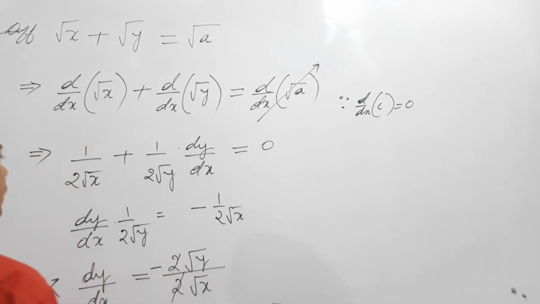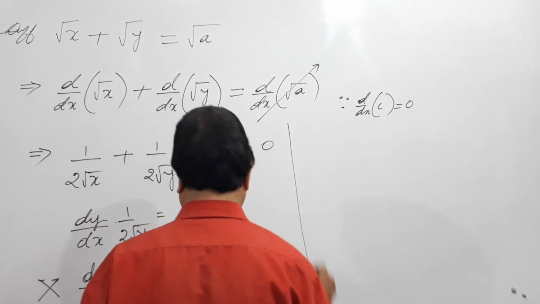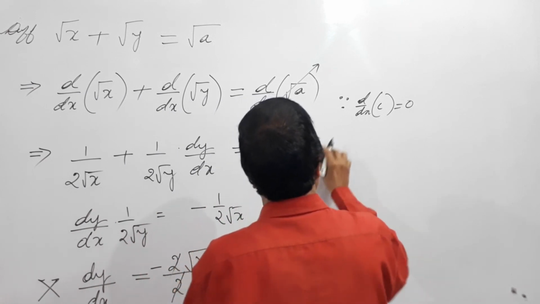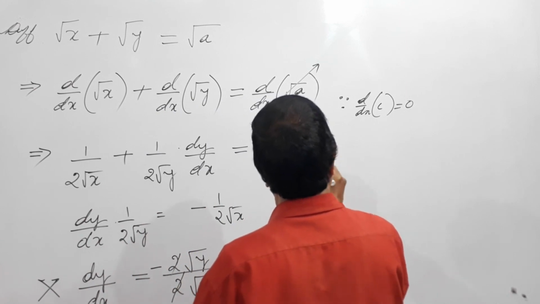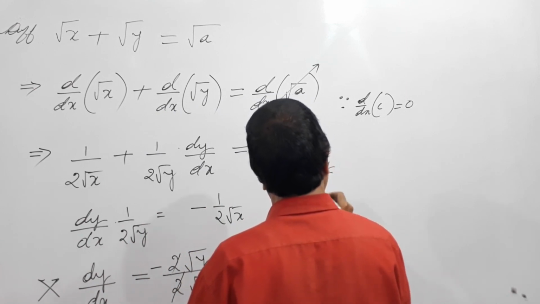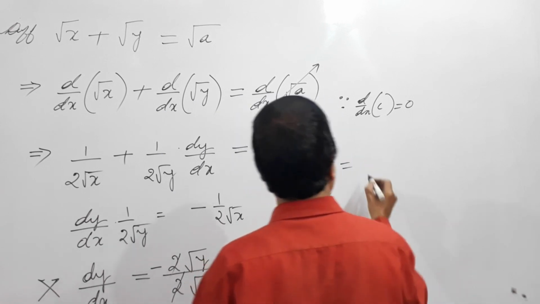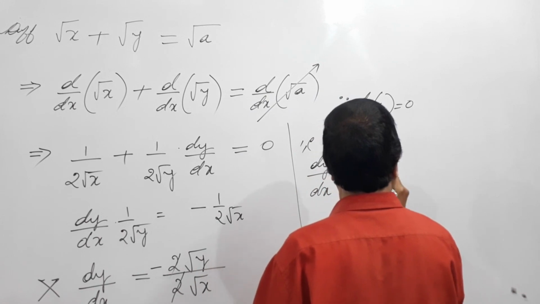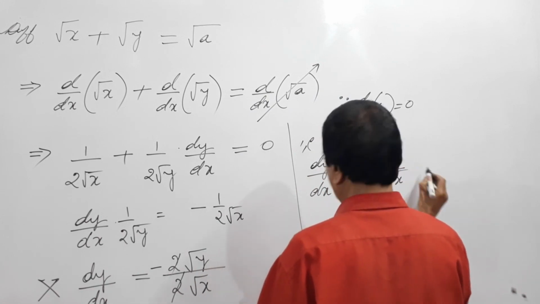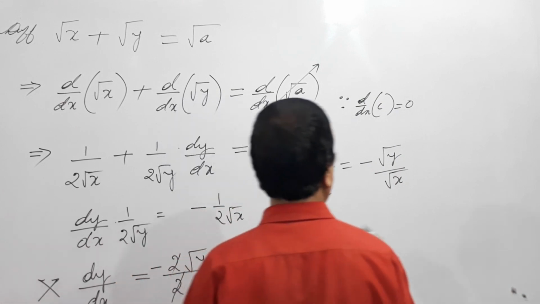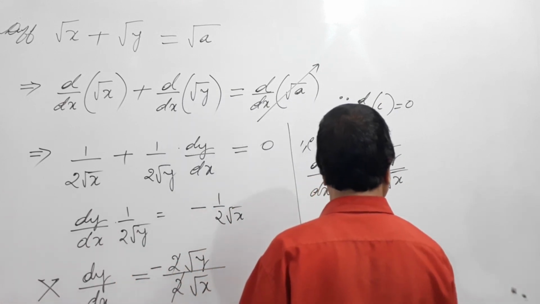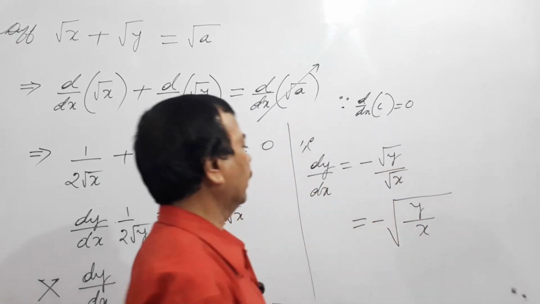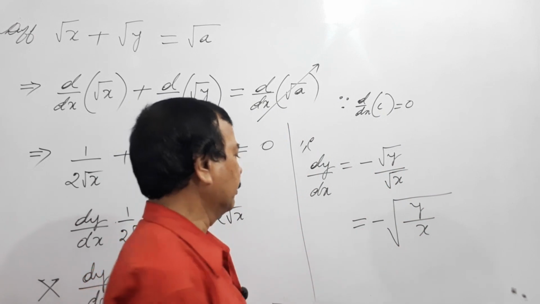So this 2 cancels. That is dy by dx equals to what? Minus root y by root x, or you can also write this as minus under the root y by x. You can write like this or like this, both are same.